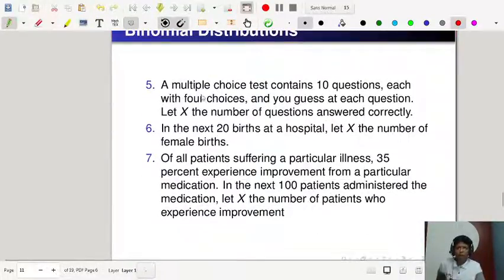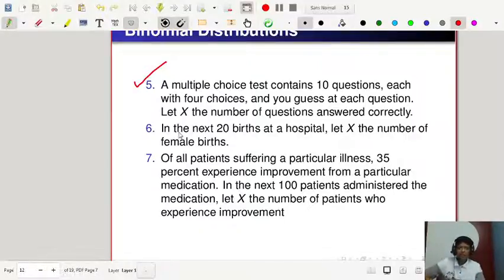And we have more examples. A multiple choice test contains 10 questions, each with 4 choices, and you guess at each question. Let X be the number of questions answered correctly. In the next 20 births at a hospital, let X be the number of female births.